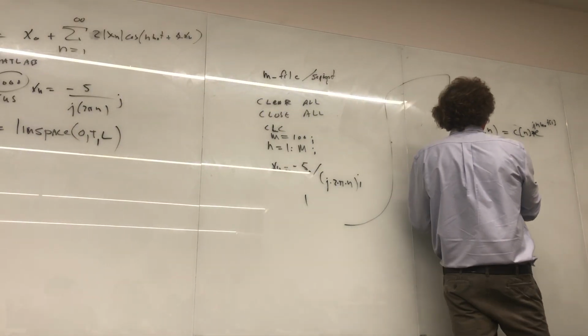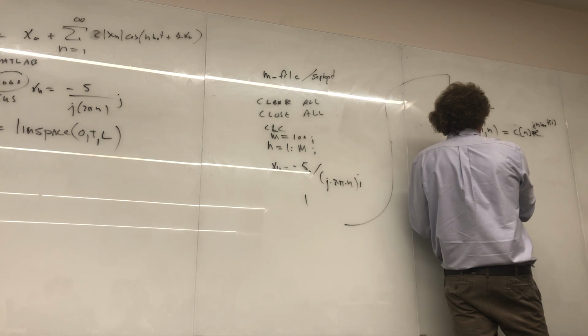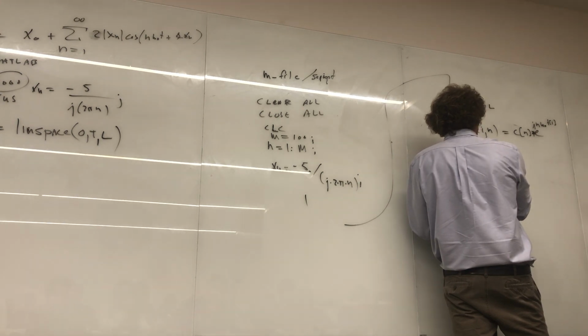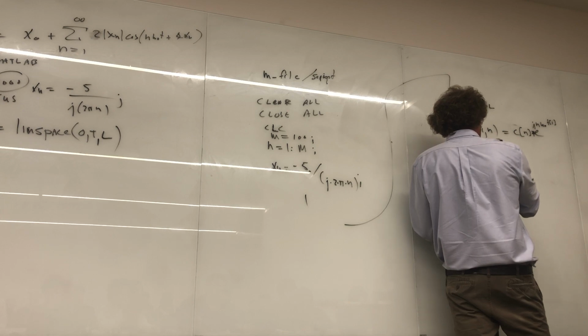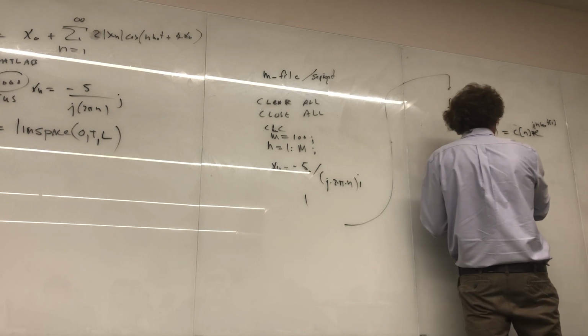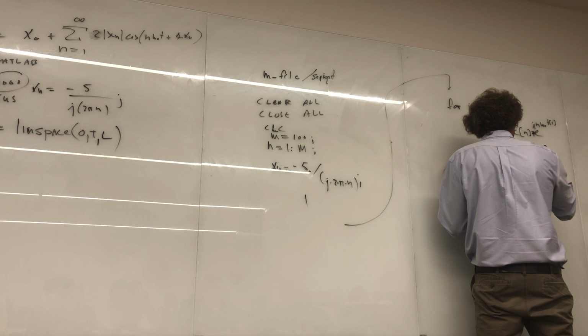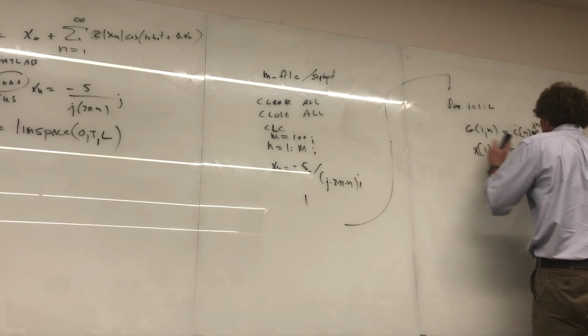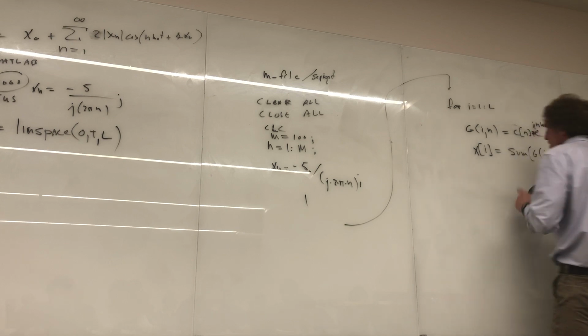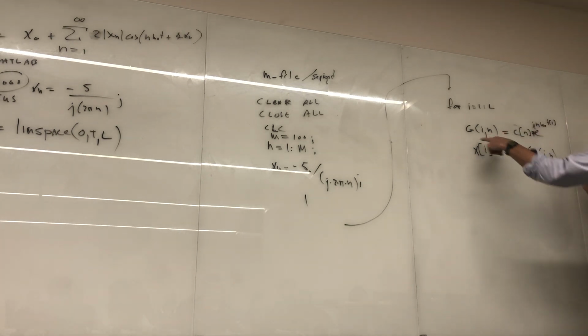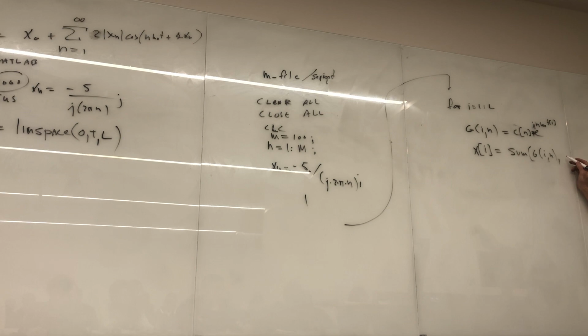So now I put down my x right here, and it will not be of n, it will be of I, is equal to the sum of this term, g of I dot n. So I'm taking this term, putting in here, and the number has to do with what you sum over.